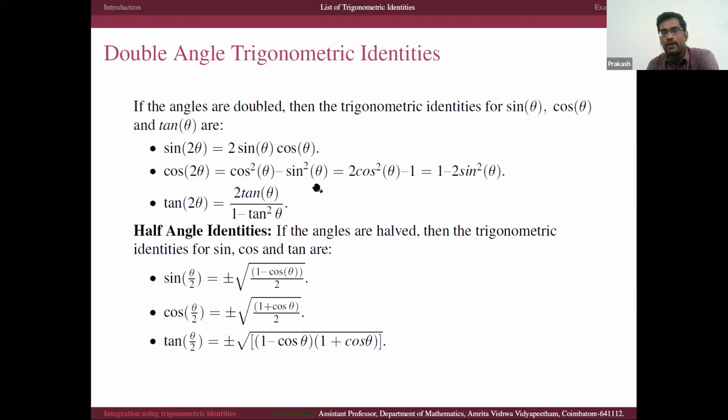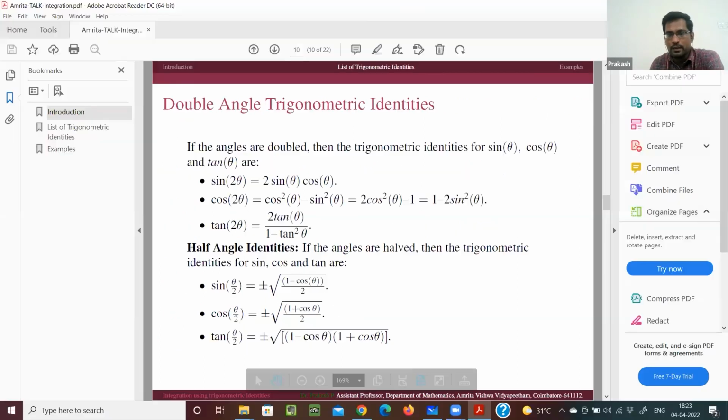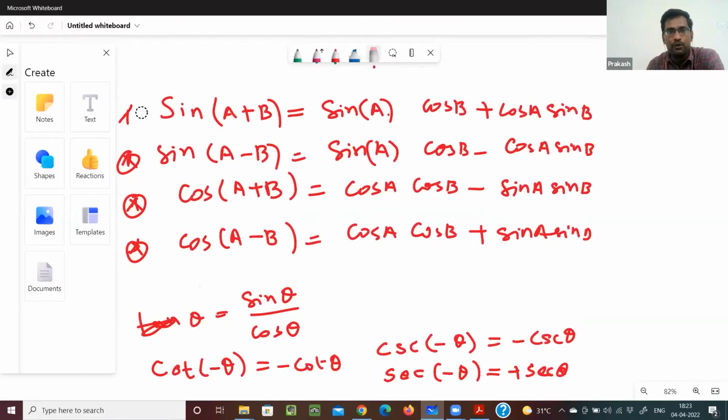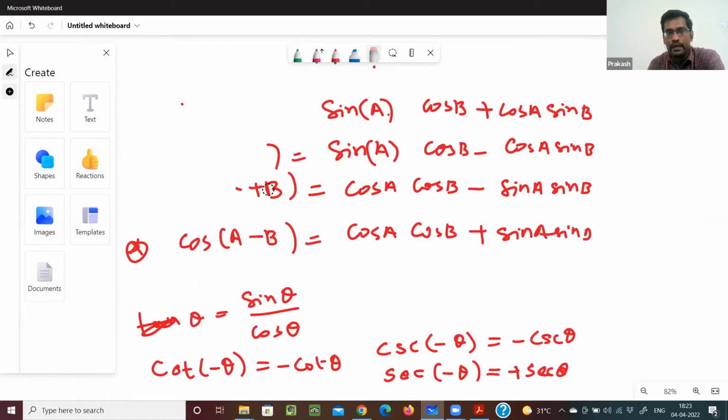From this, we can rewrite the terms like this: 2 cos square theta minus 1, or 1 minus 2 sine square theta, because we know cos square theta plus sine square theta equal to 1. Maybe I can explain via whiteboard. These identities are very important in the evaluation of integrals, so we can use them later.